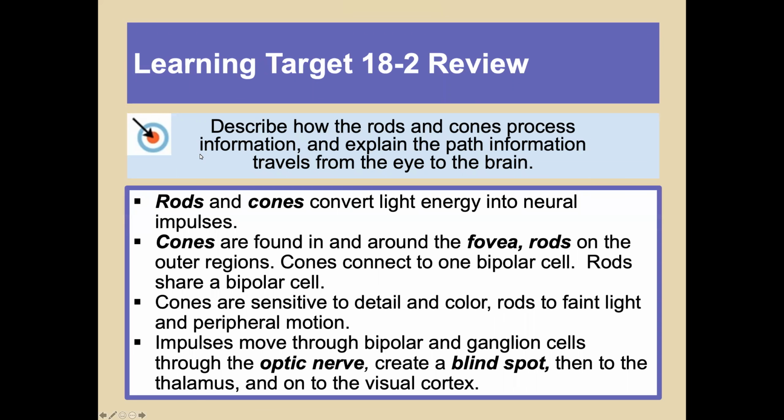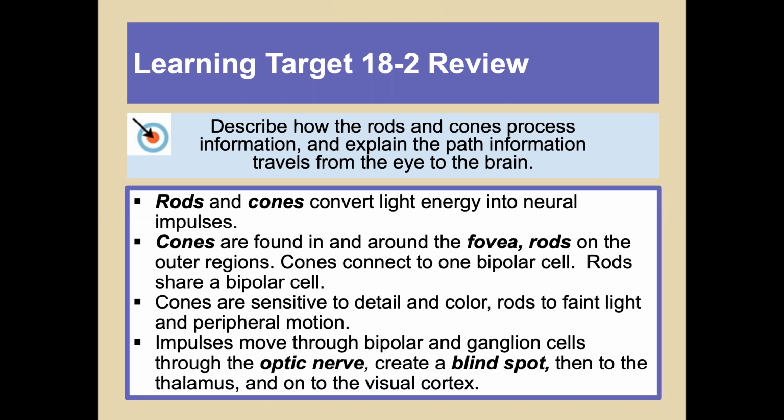Next: describe how the rods and cones process information and explain the path information travels from the eye to the brain. Rods and cones convert that light energy into neural impulses that are then passed on to our brain. Cones are found in and around the fovea, rods on the outer, peripheral regions of the retina. Cones connect to one bipolar cell, rods share a bipolar cell.